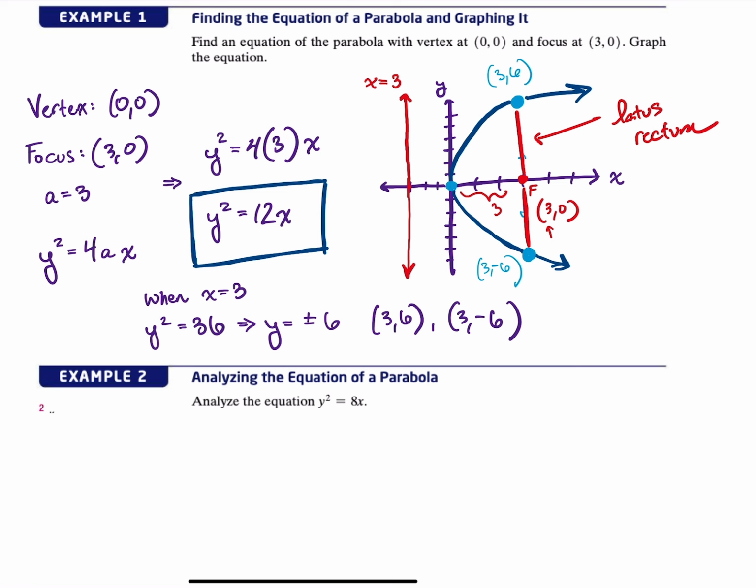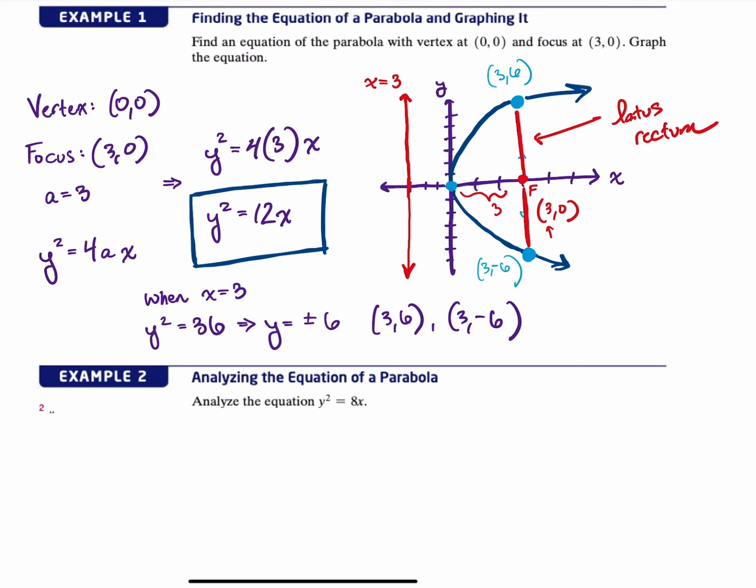Or we could also be asked for the axis of symmetry, just to throw another attribute on here. Since it's facing right, it's going to be a horizontal line going through the vertex of the parabola. In this case, just the line y equals 0 for the x-axis.